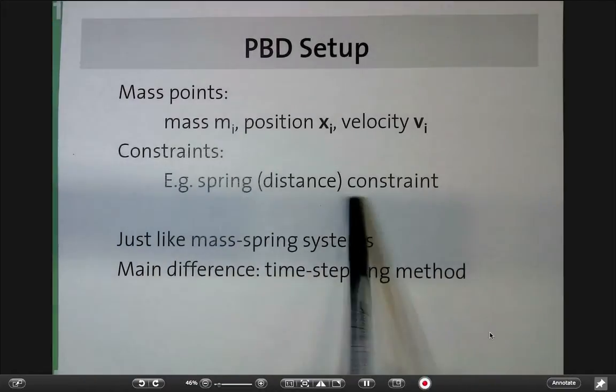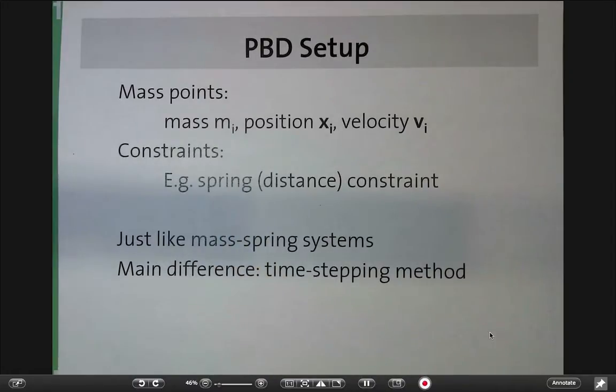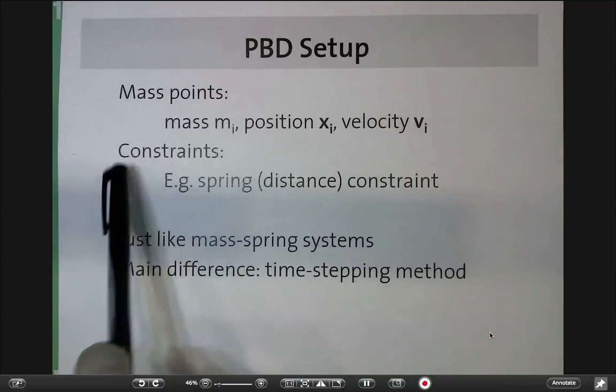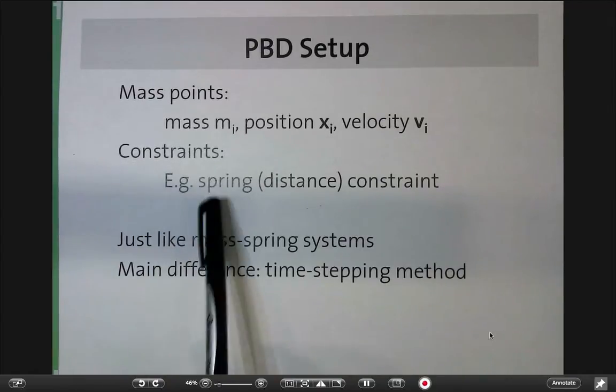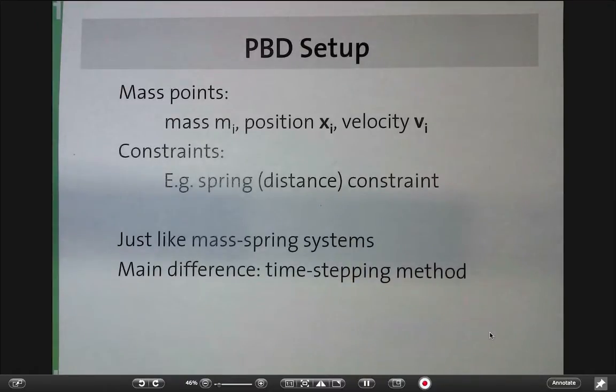The most boring constraint you might expect is the spring constraint, because you already know pretty much everything about the standard Euclidean spring. The thing is that many other types of constraints can be formulated in exactly the same framework. For example, when we deal with cloth, we can directly define a bending constraint, which turns out to be fairly useful for cloth simulation.